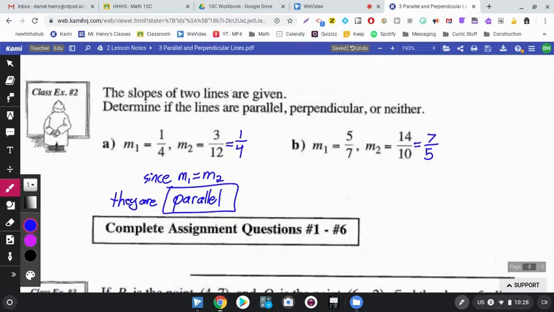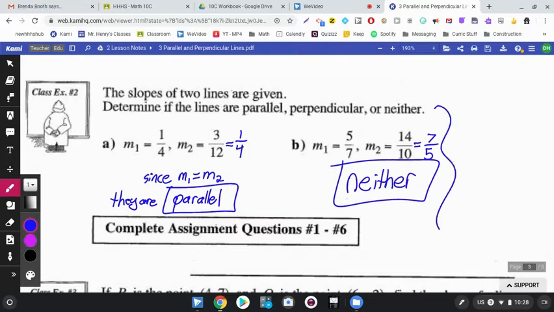So this should have been negative 7/5. So this is neither. If I started with M1 equals 5/7, then M perpendicular would be negative 7/5. So we were close, but it wasn't perpendicular. So it's just neither. They're not parallel. They're not perpendicular. They're just something in the middle. They're just any sort of angle.